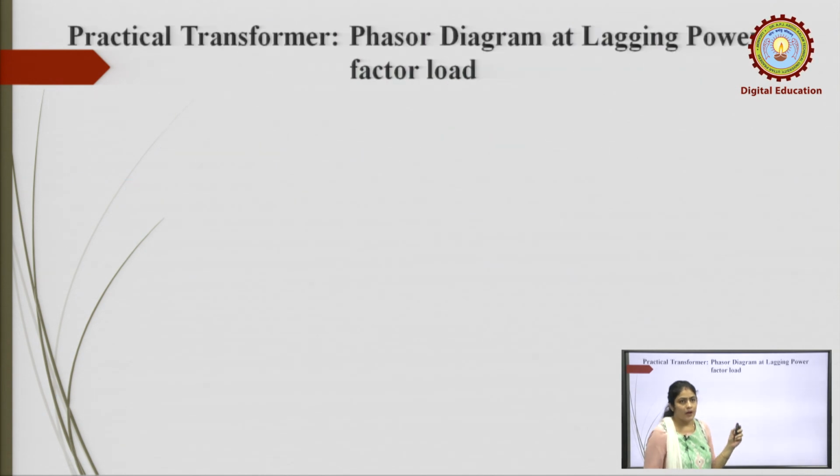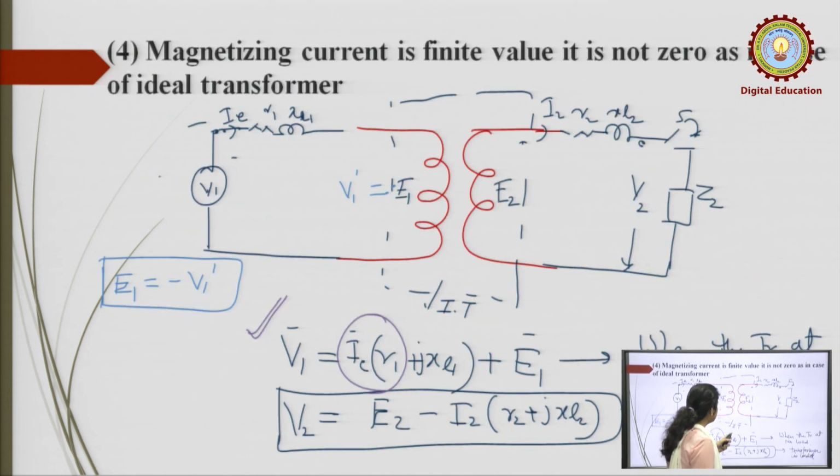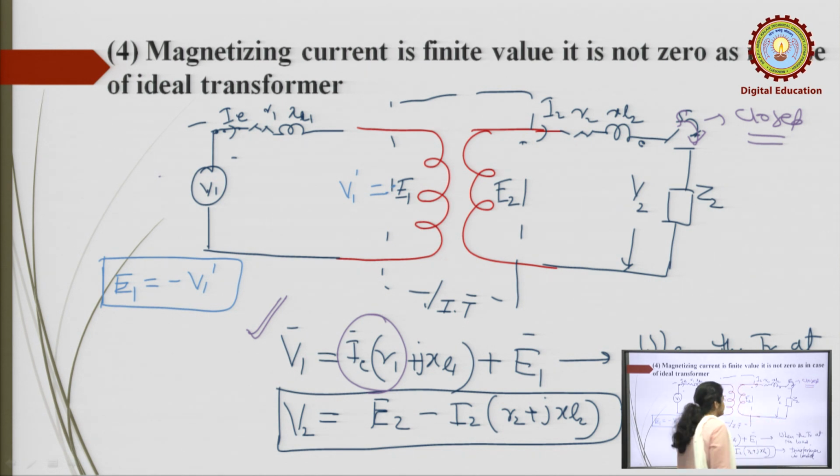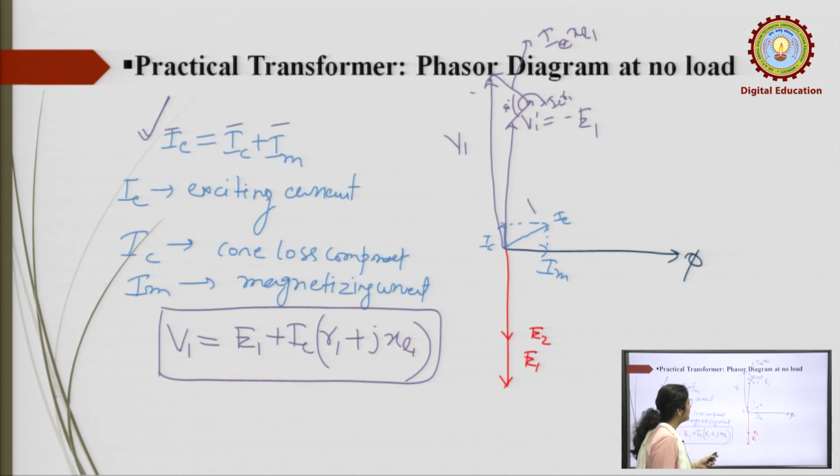Now, we see how this phasor diagram is drawn at a lagging power factor. If the load is of an inductive nature, you have to draw it now. So, if we consider this circuit, now this switch becomes closed, I2 will start to flow, the current I2 will flow.